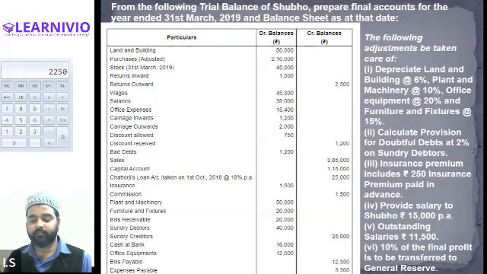So we will reduce 3,000 from the value of the furniture and fixtures, write down the remaining value in the balance sheet, and we will write the value of the depreciation in the profit and loss account by the name of depreciation on furniture and fixtures, 3,000 on the debit side.